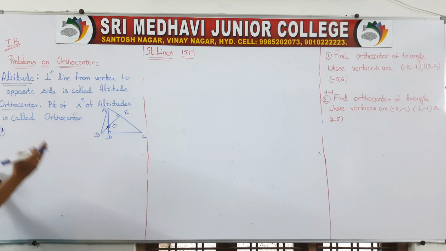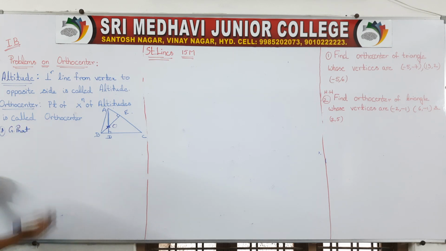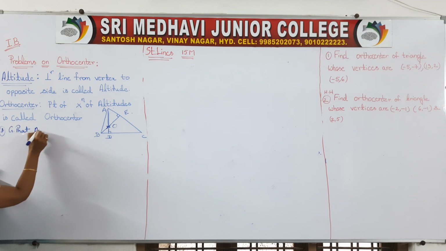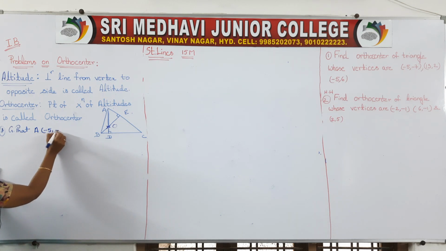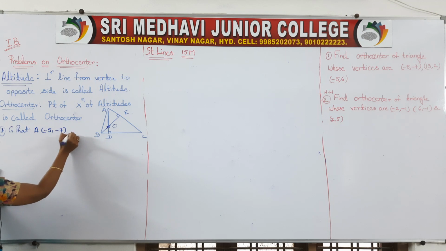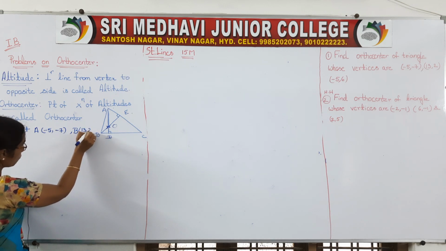Before that we have to write the given information. The vertices are given to us. A, B, C are given to us. A is minus 5, minus 7. Take the signs carefully. And B, signs are very, very important, is 13, comma 2.